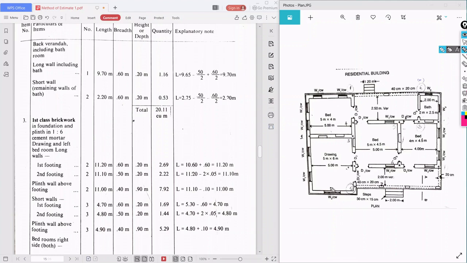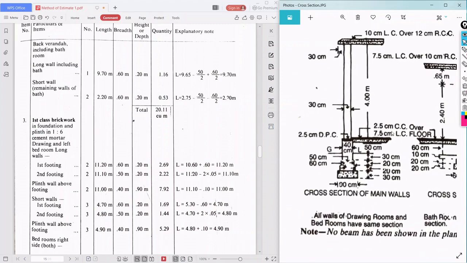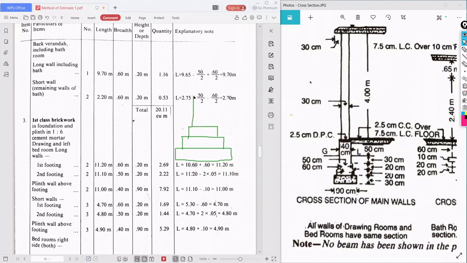Okay, first footing. So how much is the first footing width? I'll draw here. So this is the CC bed. This is the first footing, this is the second footing, and this is the plinth wall.